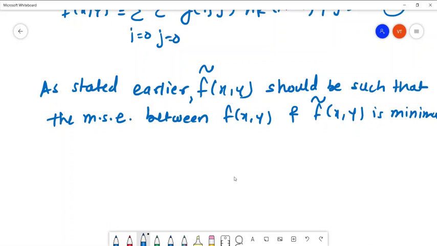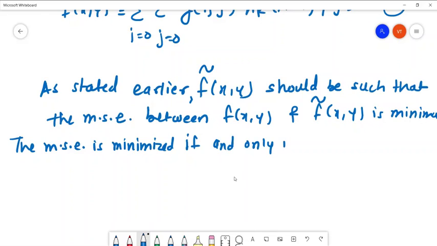Okay, so the MSE, the mean squared error, is minimized if and only if the orthogonal property is satisfied, that we already mentioned.